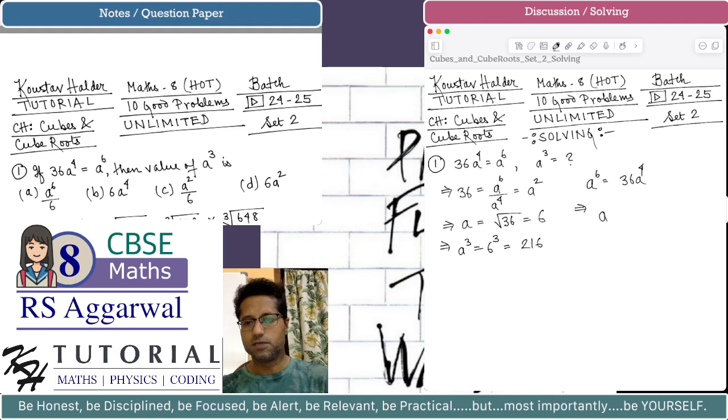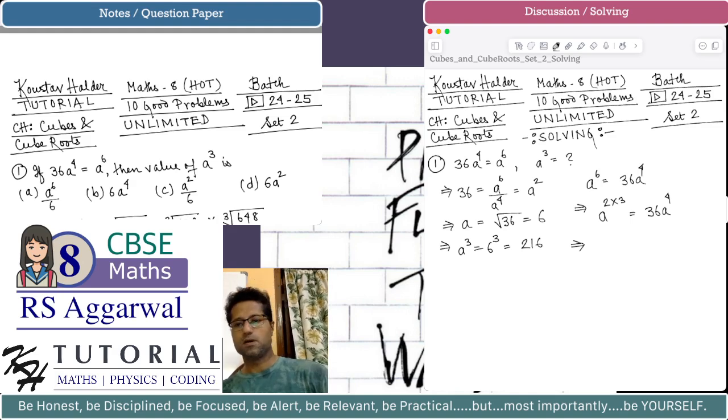A to the power 6, we can write it as a square multiplied by a cube. This is equal to 36 a to the power 4. Now remember, we have to find the value of a cube.